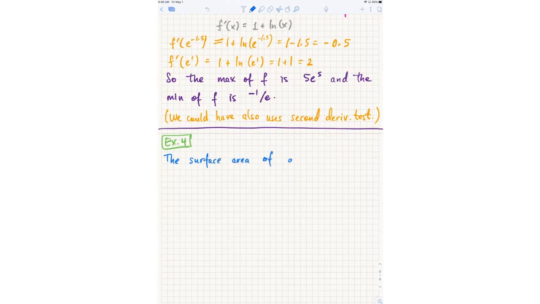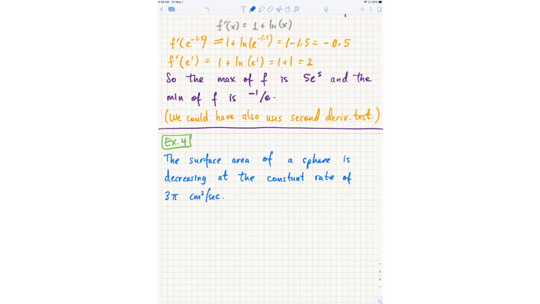Surface area of a sphere is decreasing at the constant rate of 3 pi square centimeters per second.